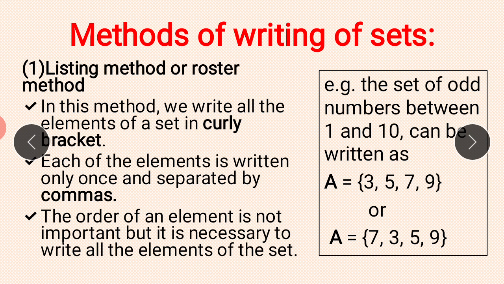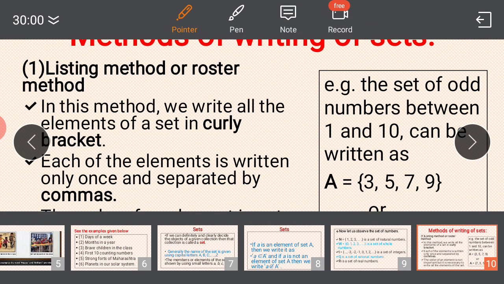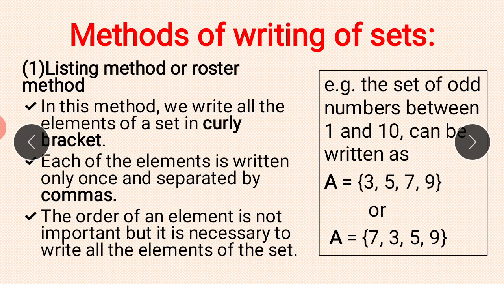When you write a set, we use a capital English letter. Suppose A is equal to, in curly brackets, which numbers are odd numbers between 1 and 10? 3, 5, 7, 9, curly bracket complete.